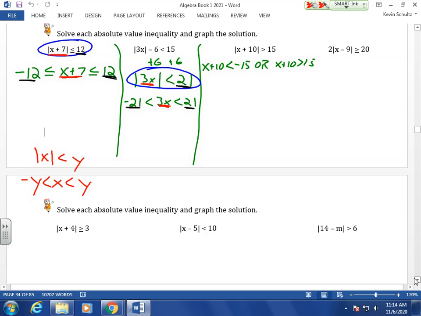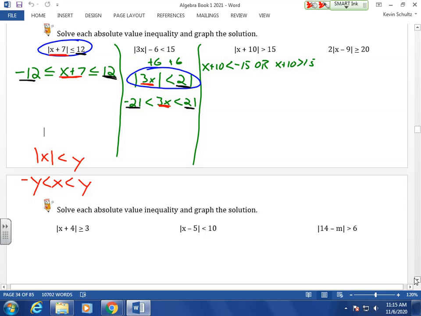If y is 12, negative 12, positive 12, okay? If y is 21, negative 21, positive 21. And then whatever's inside the bars just goes in between. If that doesn't help you, don't write it down. I don't want to confuse you more. If it does help you, then there you go, okay?